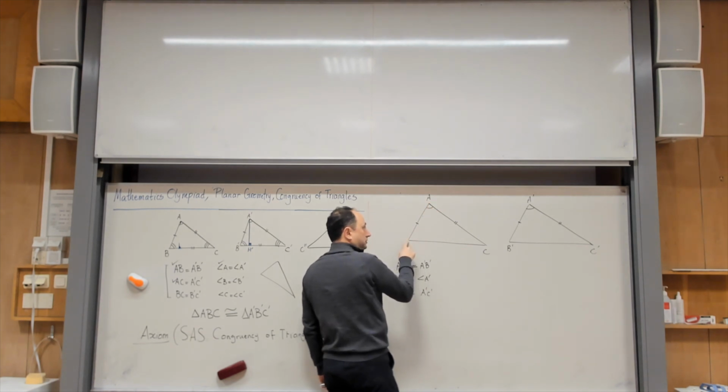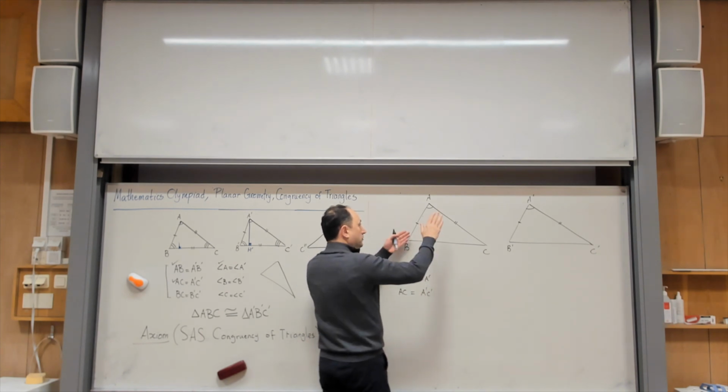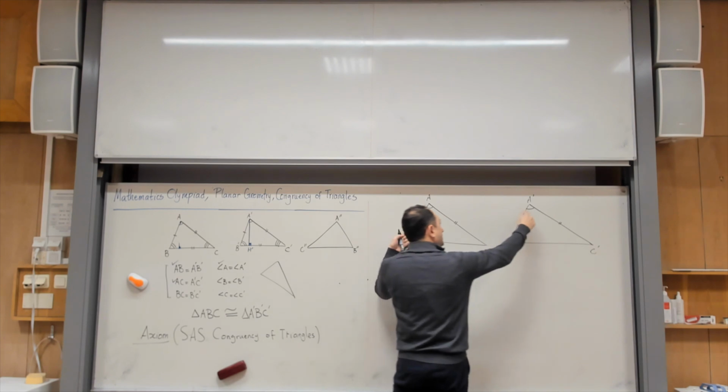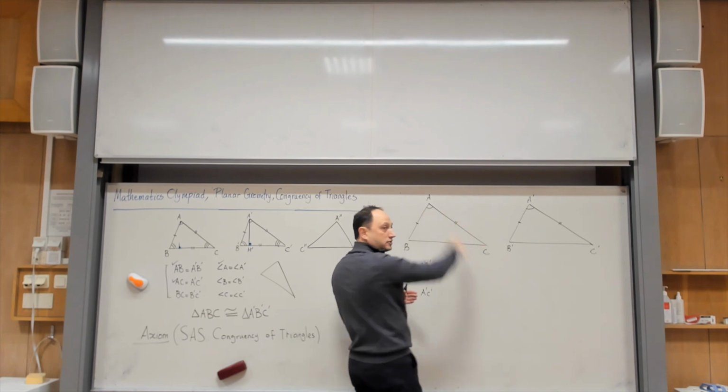Yes, that's possible. And now you are telling me that the angle A is equal to angle A prime. So if I want to put the triangle back onto the plane, because the size of this angle and the size of this angle are the same, this A prime C prime lies somewhere on this line, yes?